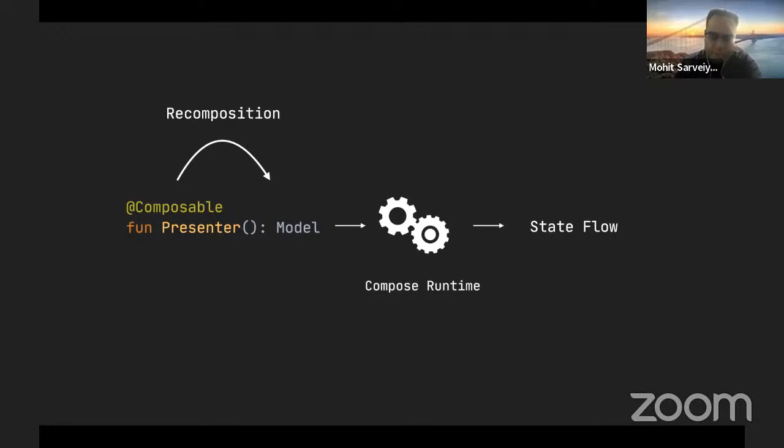It's useful for creating these StateFlows and hooking them up with Compose. And Compose is not just for UI; you can use it for other things. This is an example of a library using Compose for things outside of UI. It's using it to build streams.